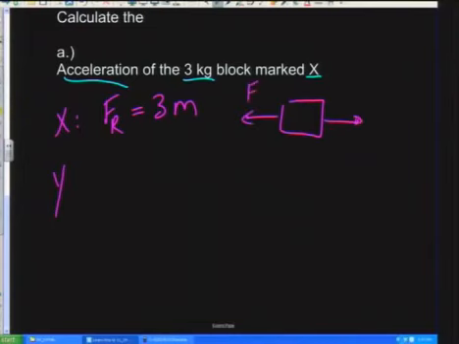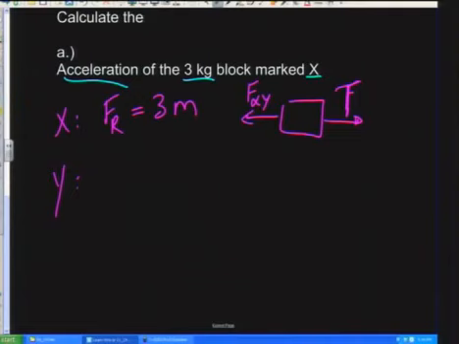This is the force between X and Y, and this is the force that I'm just going to say is a force applied. So there are two forces here. The resultant of those two is going to be the resultant. We're going to have to add the one to the other. This is the tension in the rope. This is the tension in the rope.